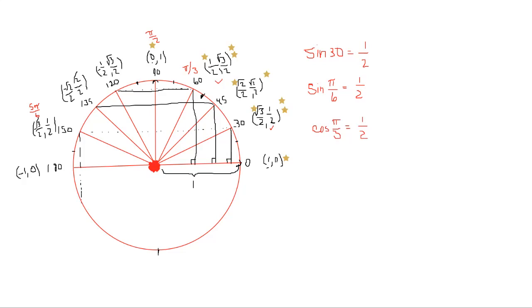Suppose they want to know what is the cosine of 150 degrees, or they could say 5 pi over 6, right? So the cosine of 5 pi over 6 is going to be the x value, and that's minus the square root of 3 over 2.